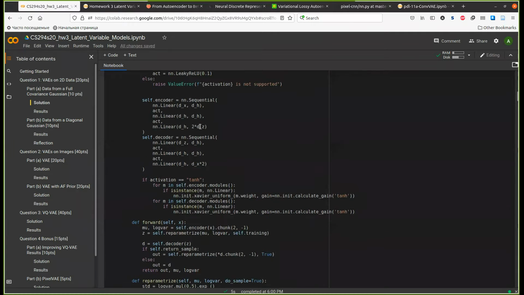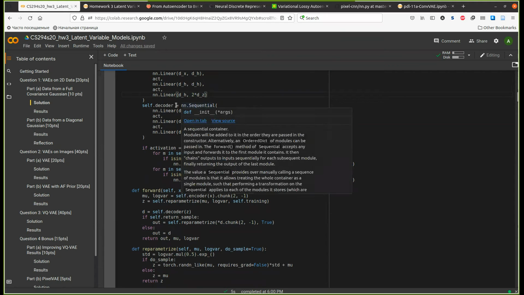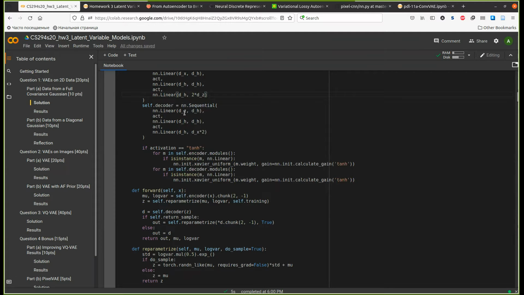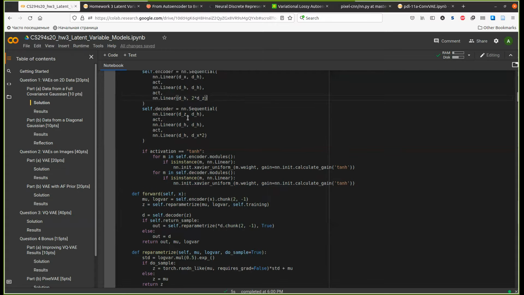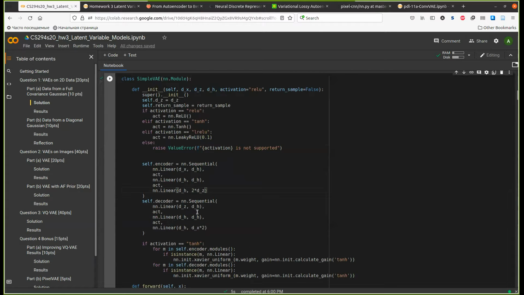The encoder takes X and outputs a vector of two times the dimension of the latent variable, and the decoder takes in the latent variable and outputs a vector of two times the dimension of X. And why do we have this 2 in the decoder?